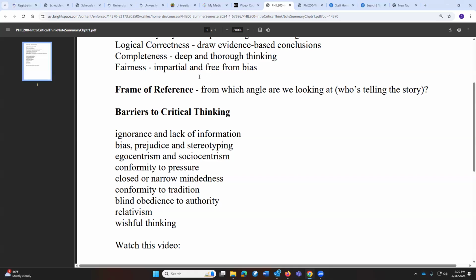Now, even though we might have intentions of doing our best at critical thinking, sometimes there are things that just get in the way. There are barriers to critical thinking, and we want to keep them in mind. First off, ignorance and lack of information, meaning I don't necessarily have everything I need to go forward with a good attempt at critical thinking.